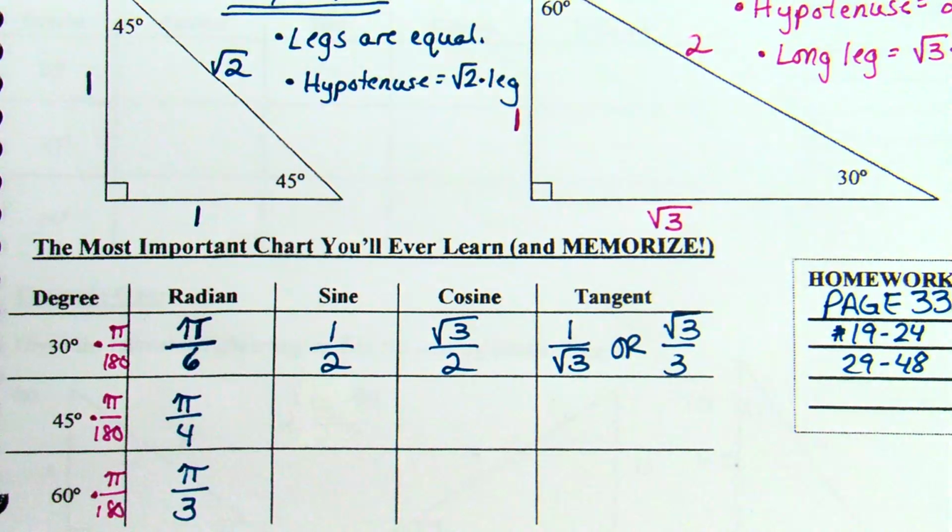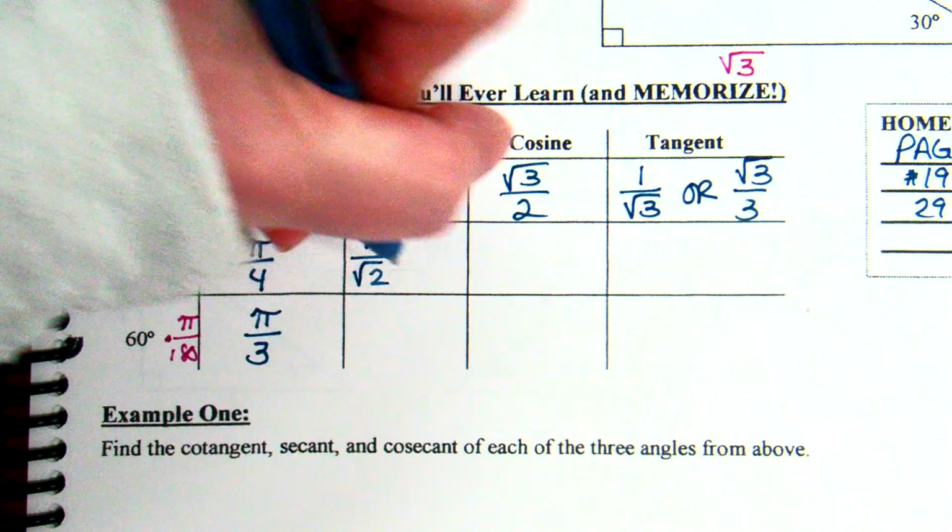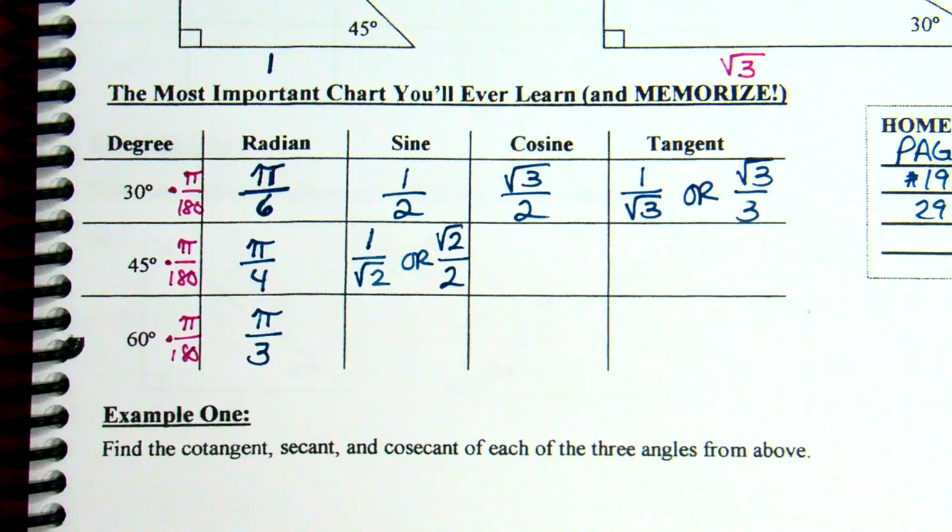Now, again, notice I wrote 1 over square root of 2. So I am good with 1 over square root of 2. However, it's good to know the other two. What is 1 over square root of 2 when you rationalize it? Square root of 2 over 2. Okay?